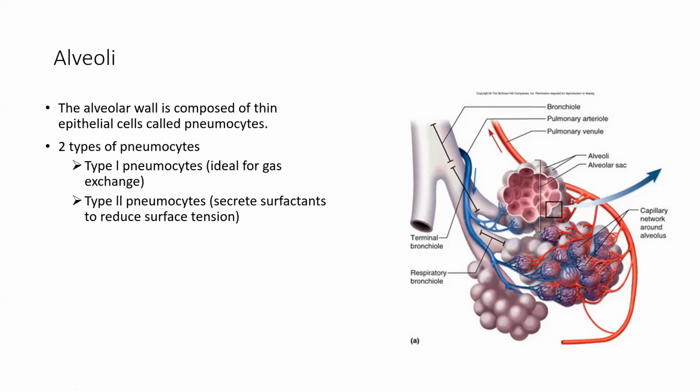Type 2 pneumocytes have the ability to secrete a substance known as surfactant, and this helps decrease the surface tension within the alveoli and helps keep the alveoli open. Type 2 pneumocytes can also transform into type 1 pneumocytes, so they can help regenerate and replace the damaged cells.